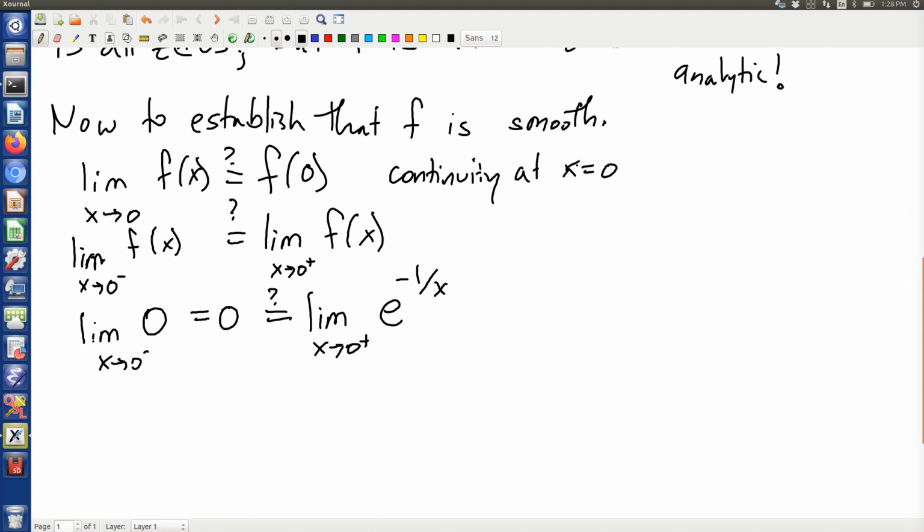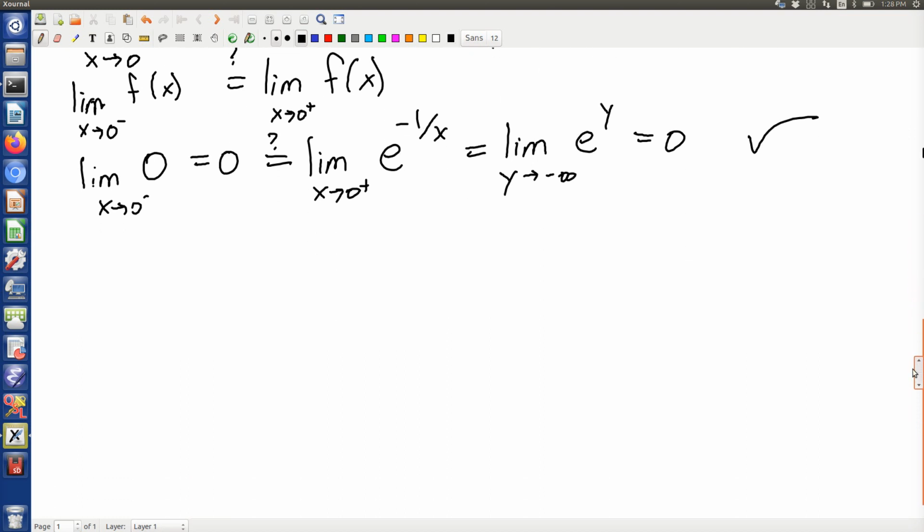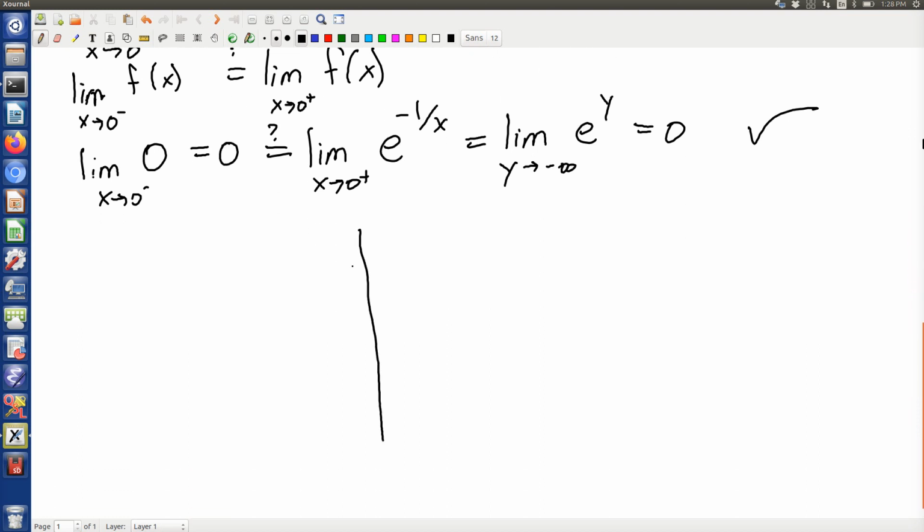Now, at least notionally, if you look at this, you say, well, x is positive going to 0, so 1 over x is going to get really big. It's going to get really big and negative. So this really looks like the limit as y goes to minus infinity of e to the y. Of course, that's 0. All right, continuity is established. It's helpful at this point to draw a graph of what the function looks like.